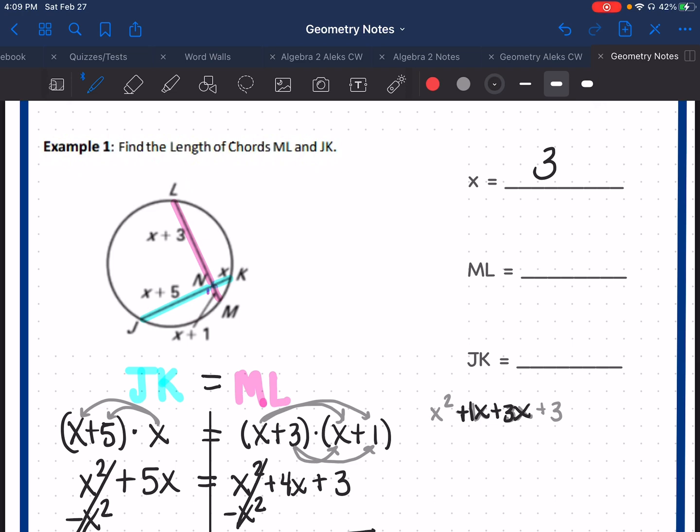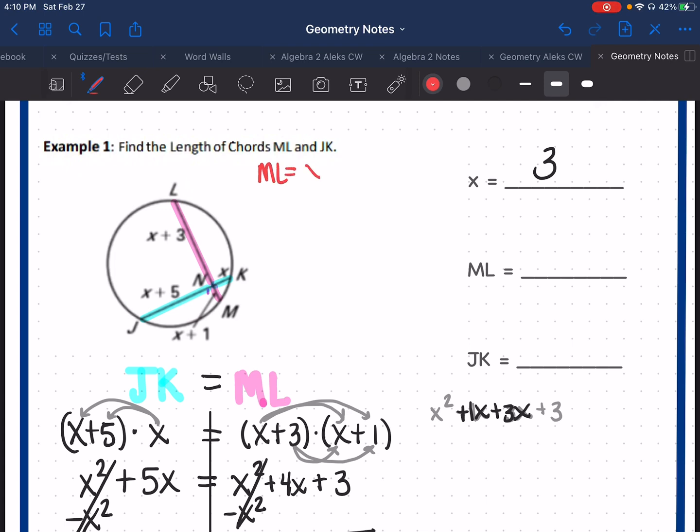And then all we have to do is substitute it back in. So to find ML, I have to substitute into this, right? Well, I need to be careful. That's not quite true. Let's put up here ML.